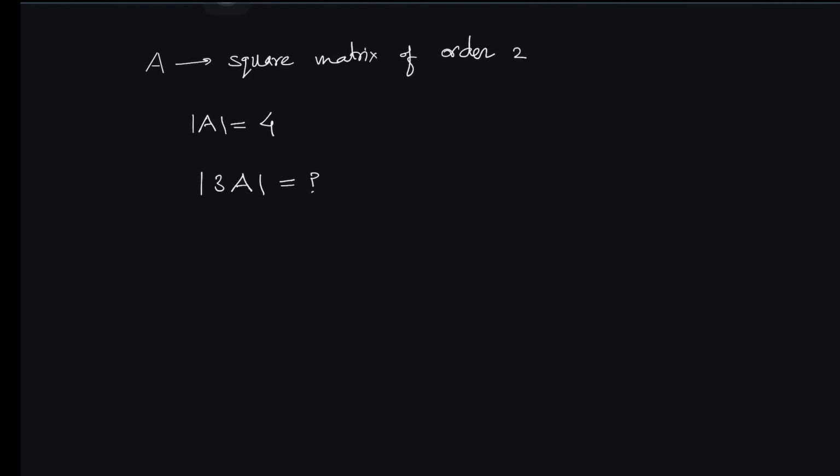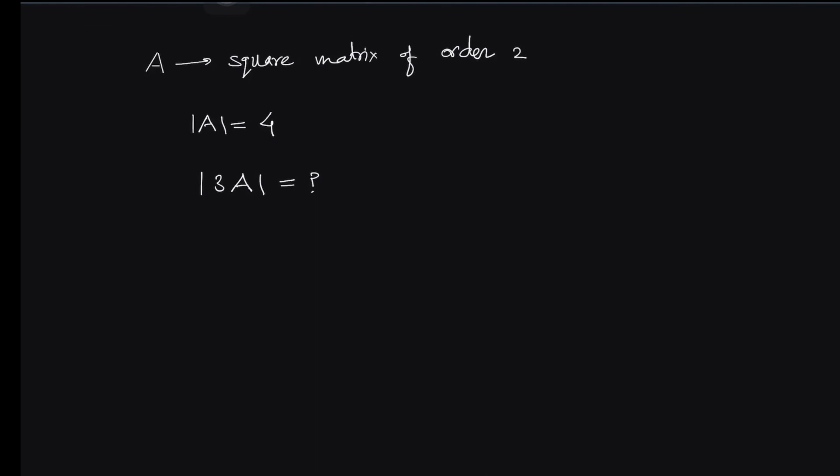Suppose you have a square matrix A whose determinant is 4. Then what will be the determinant of 3A?